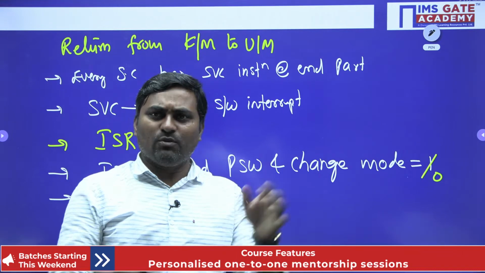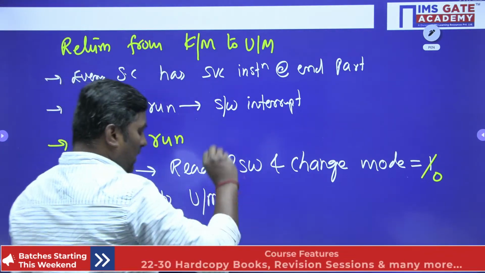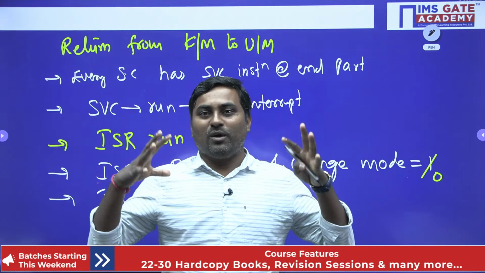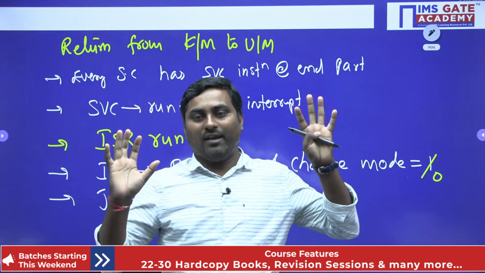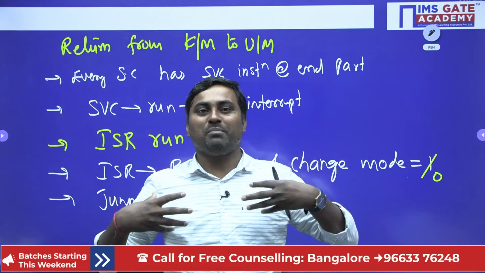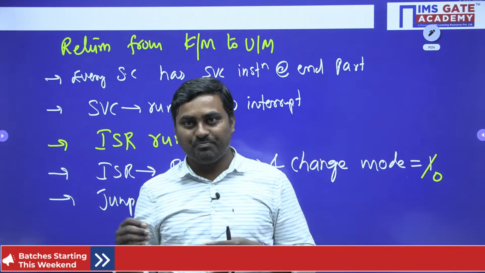I'll give a short summary to understand the steps. User programs, user applications, run in user mode only; kernel code runs in kernel mode only. Many times a user application gets a service from the operating system via system calls.